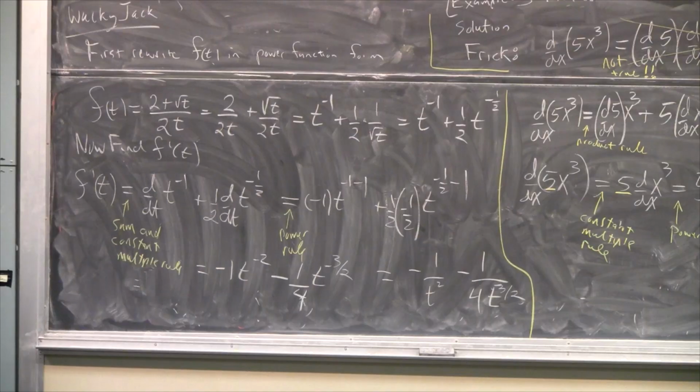But wait a second, why did Wacky Jack and Frack not get the same answer? Because Frack's equation is a much more unsimplified version of Wacky Jack's. In what way?